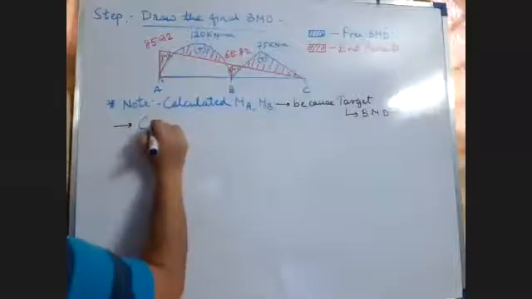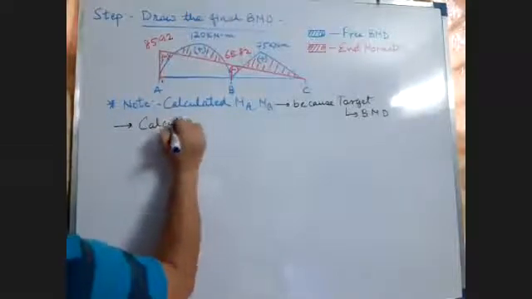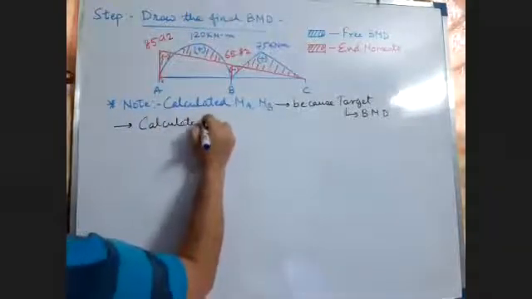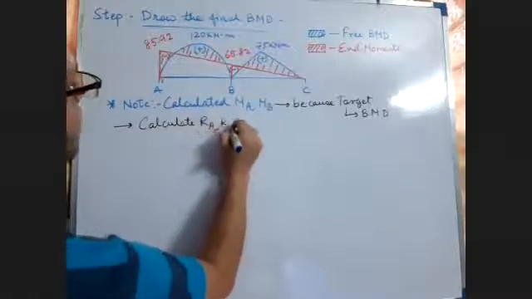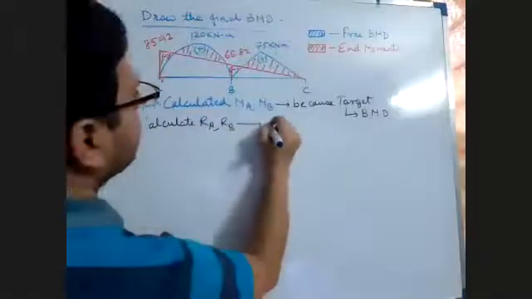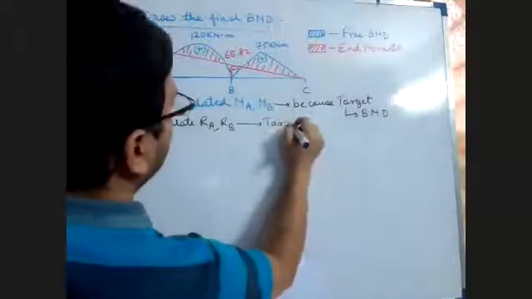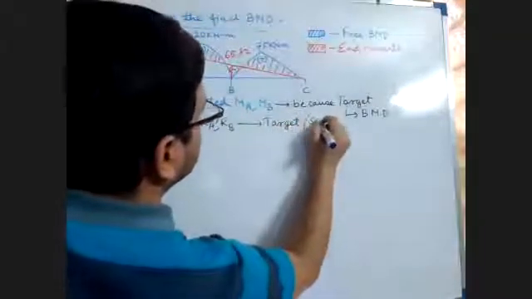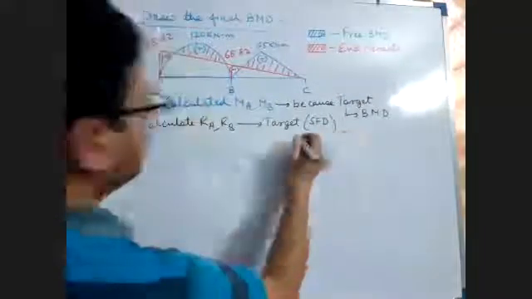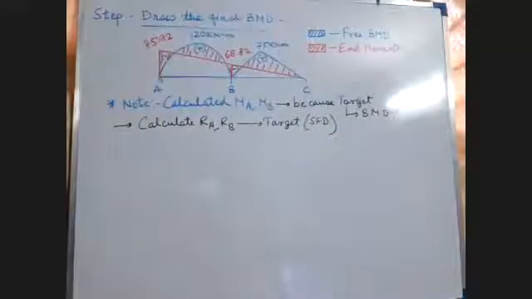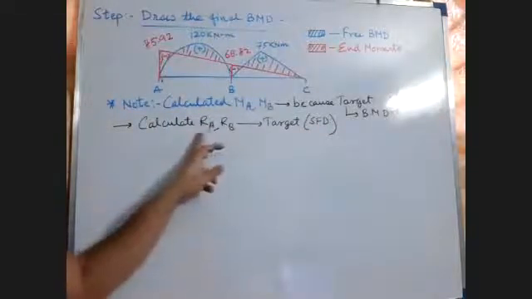And I have to calculate my reactions. Calculate reactions RA, RB if my target is to draw the SFD. If my target is to draw the shear force diagram, then I need to know the reactions.